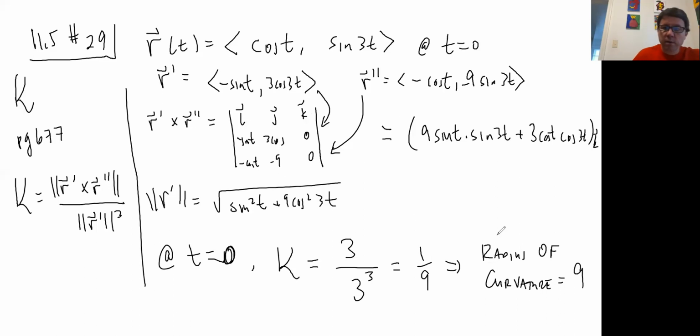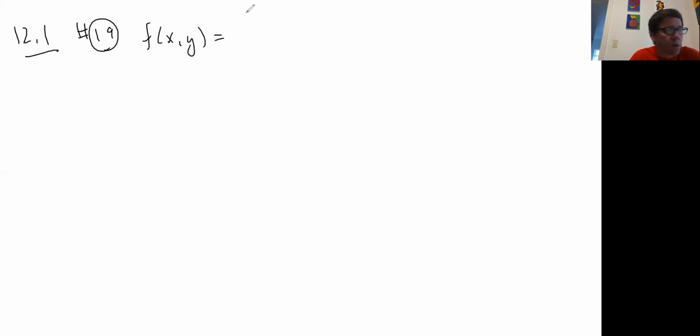Okay, chapter 12 here. 12.1, number 19. Okay, so this does get tricky because it's in 3D now. So it's hard to know exactly what the plots of these things look like.